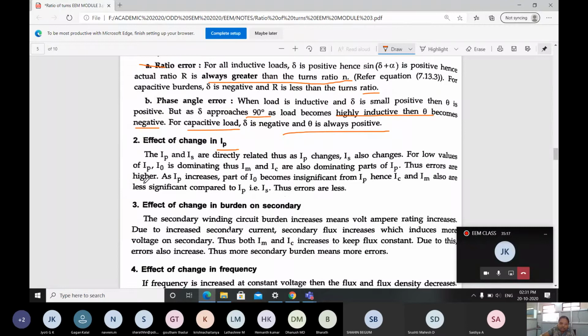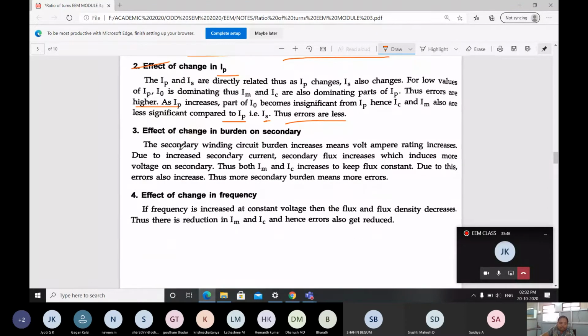As IP increases, I naught becomes less significant compared to IP. Hence IC and IM are less significant compared to IP, thus errors are less. That's the effect of change in IP.